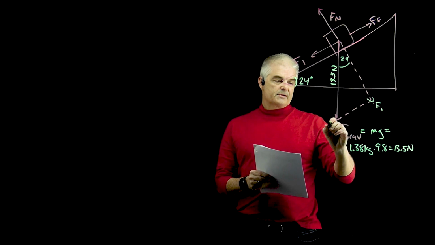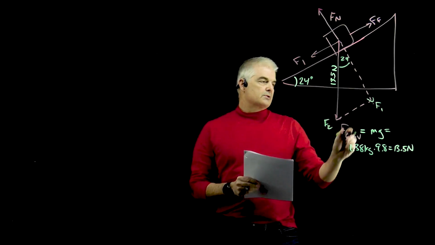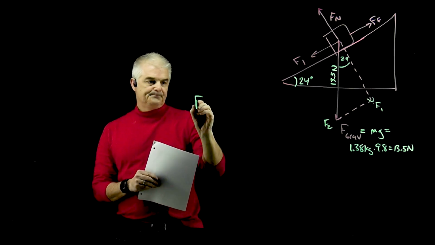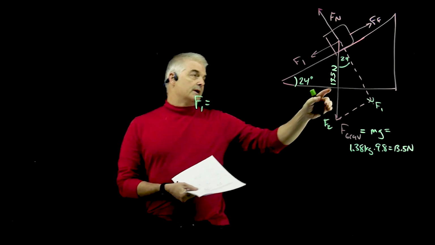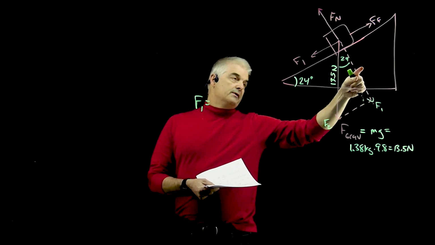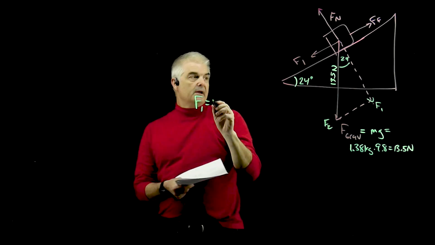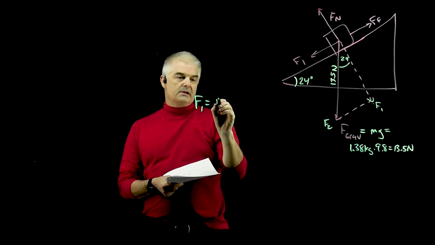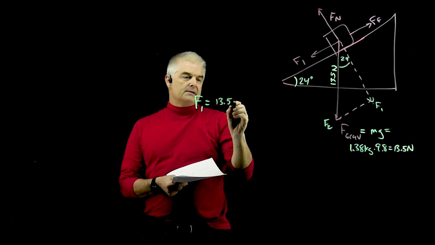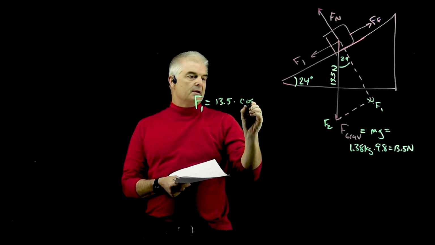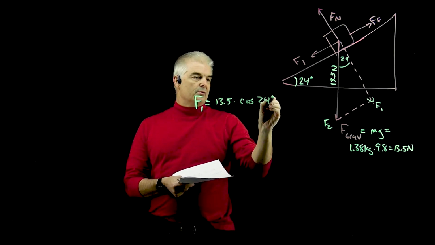And we'll call this F2. All right, so for F1, you're going to say, all right, 24 degrees. This is the adjacent angle, right? So I'd say this is 13.5 times the cosine of 24 degrees.